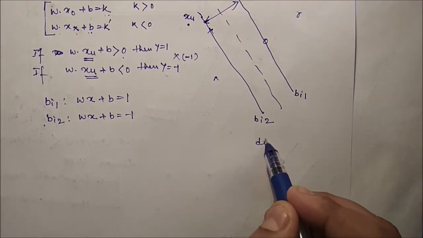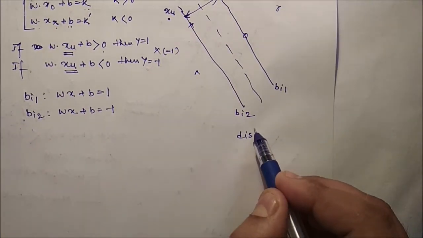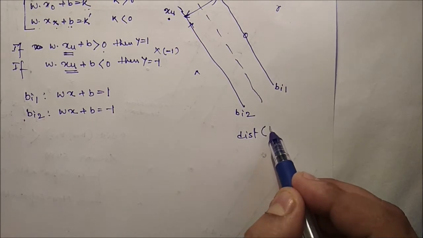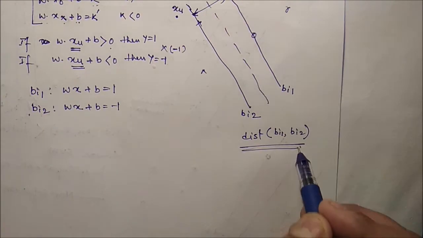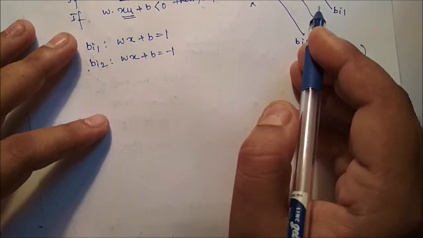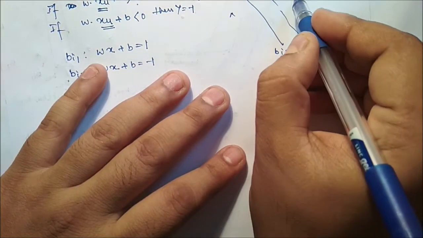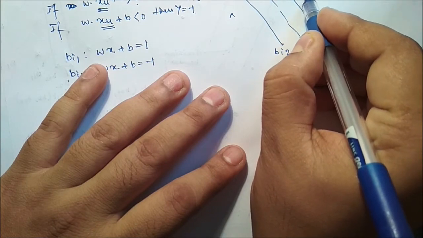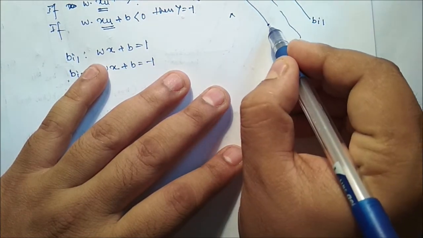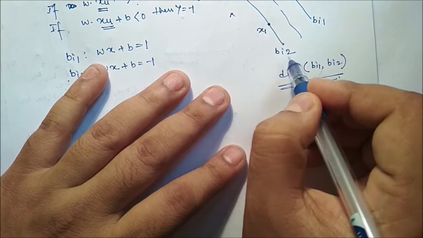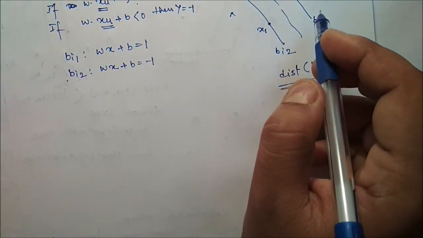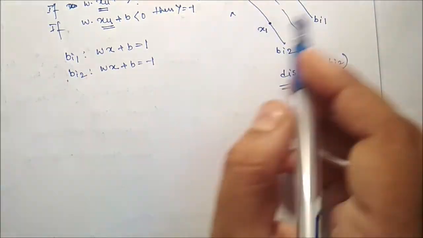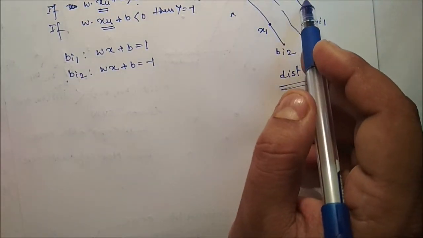So what is the margin? To calculate the distance between bi1 and bi2, let two data points be x2 on bi1 and x1 on bi2. What should be the equation for each?